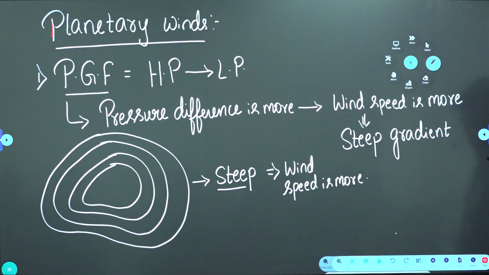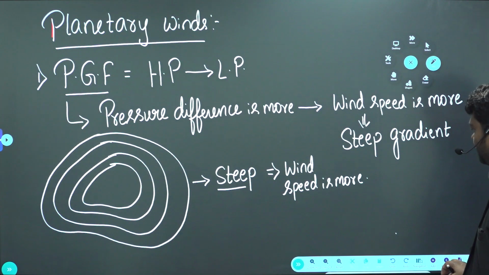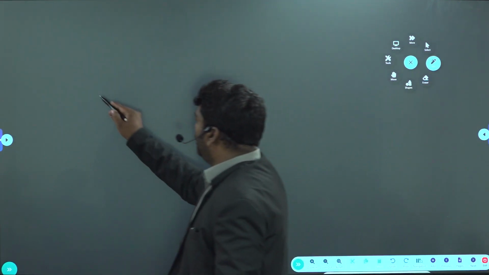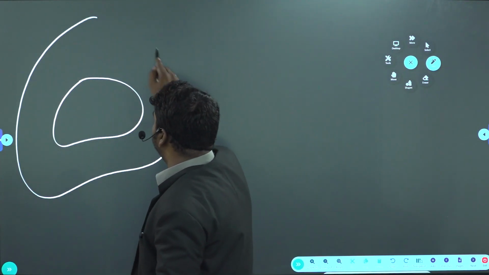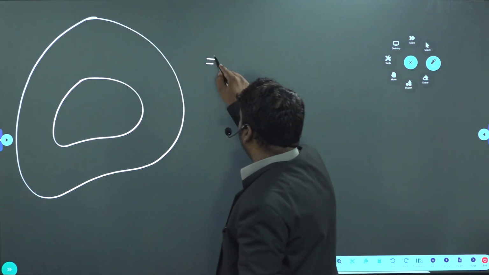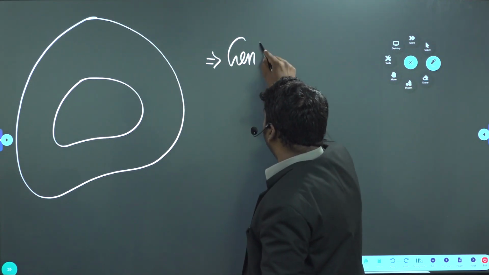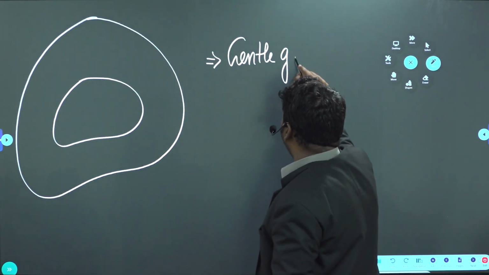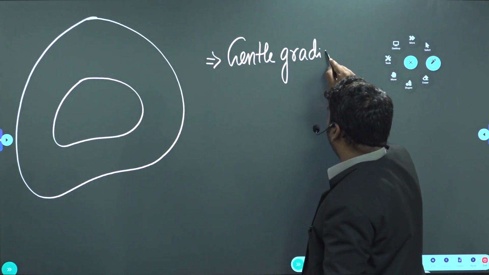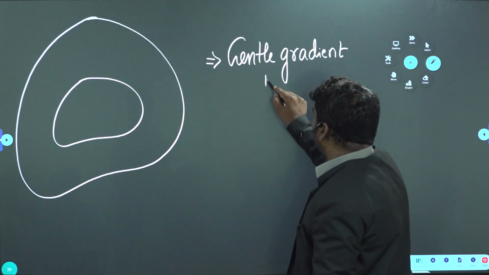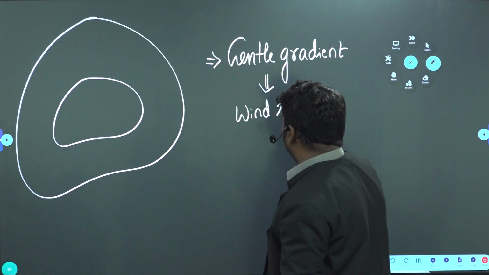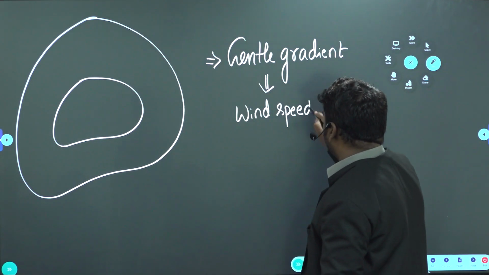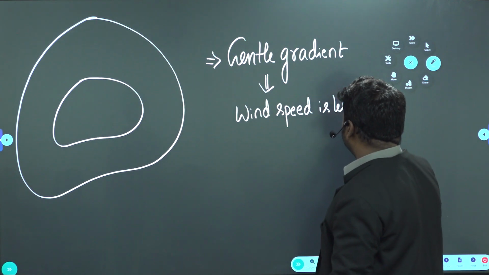Second, if isobars are distantly placed, it indicates gentle gradient, and gentle gradient means wind speed is less.